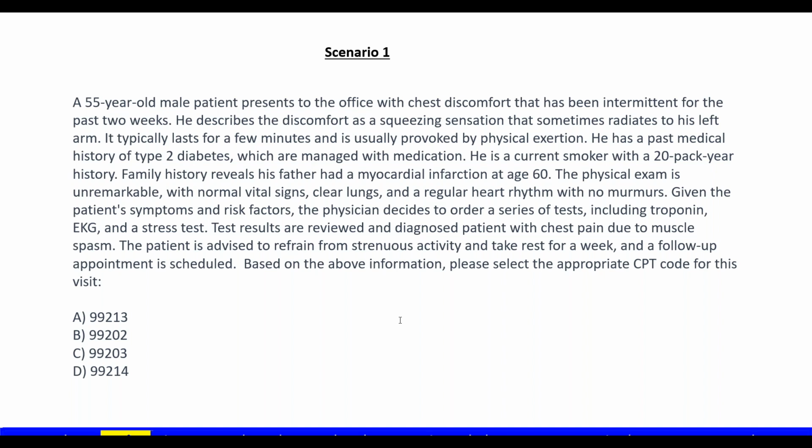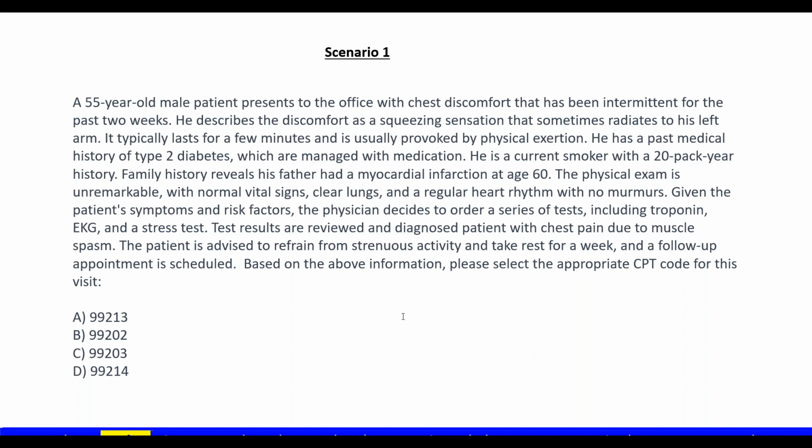The physical exam is unremarkable, with normal vital signs, clear lungs, and a regular heart rhythm with no murmurs. Given the patient's symptoms and risk factors, the physician decides to order a series of tests, including troponin, EKG, and a stress test.